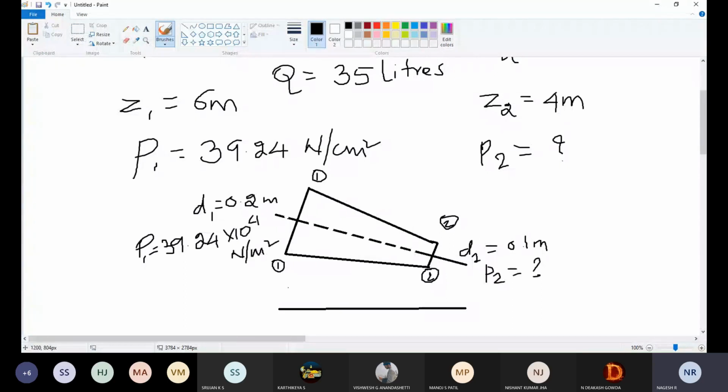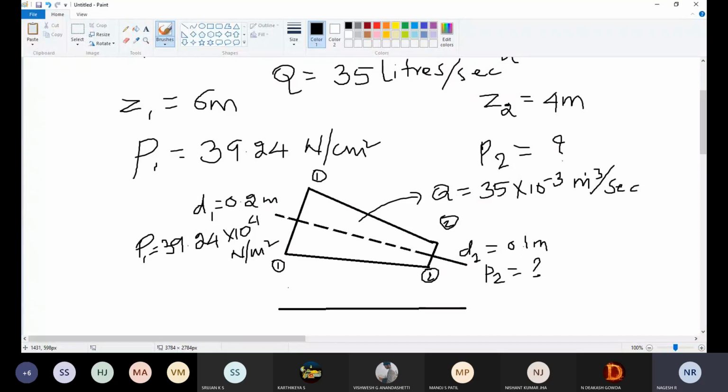Then he has given a discharge Q. So discharge Q is equal to 35 liters per second. The liter per second is converted into meter cube per second by multiplying it by 10 to the power of minus 3.